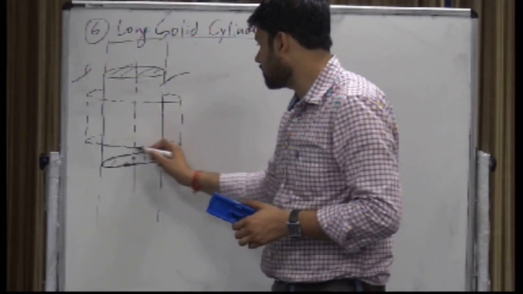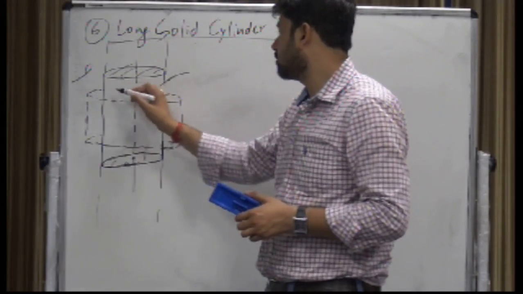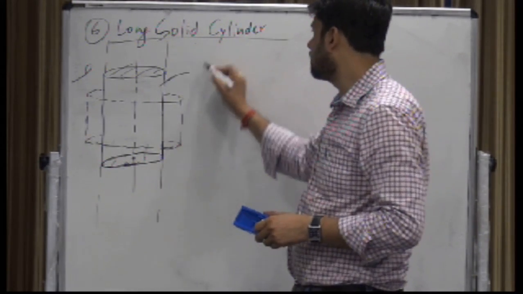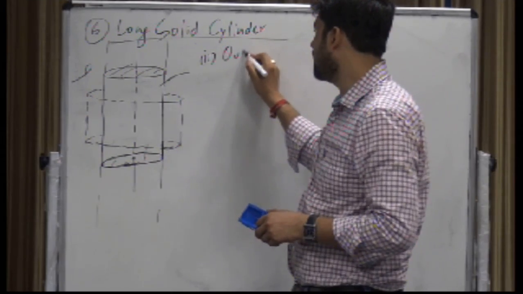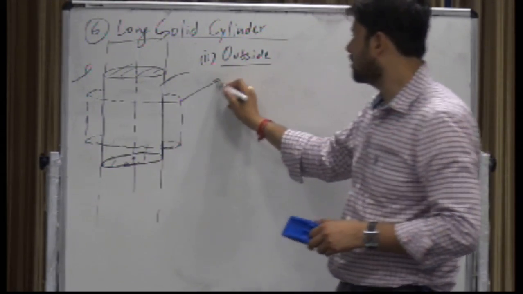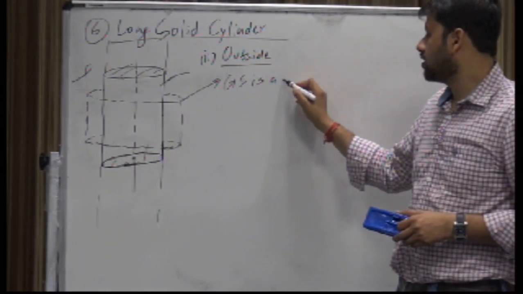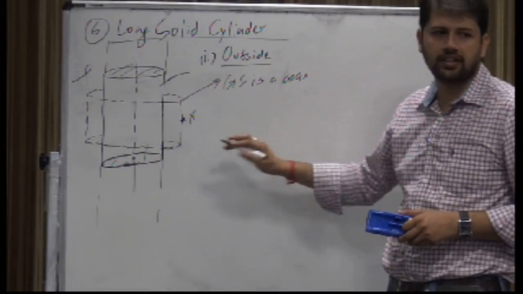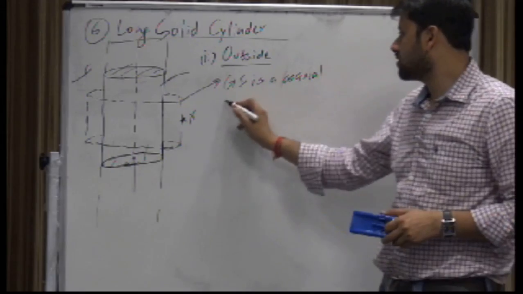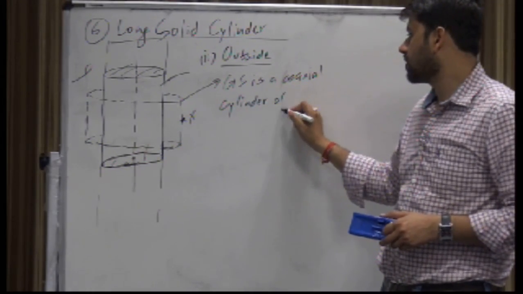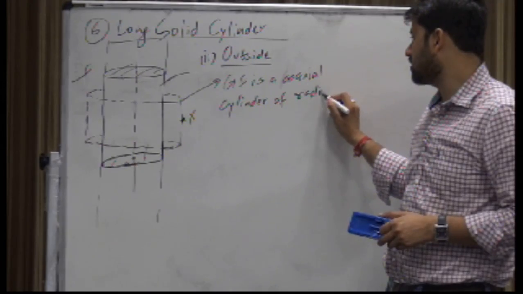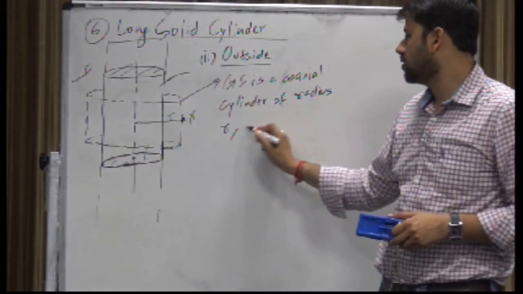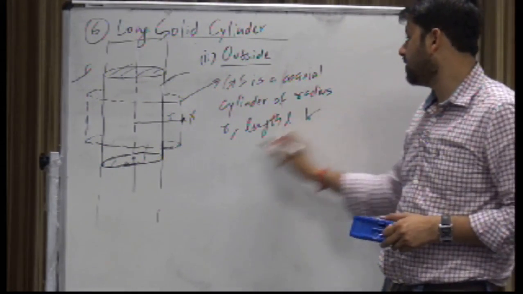I hope the Gaussian surface is clear to everyone. It is a coaxial cylinder, but of larger radius. So for the outside portion, the Gaussian surface is a coaxial cylinder of radius small r, length L, passing through x, where you want to calculate the field.